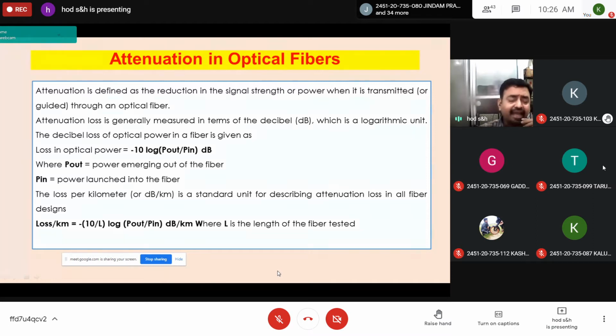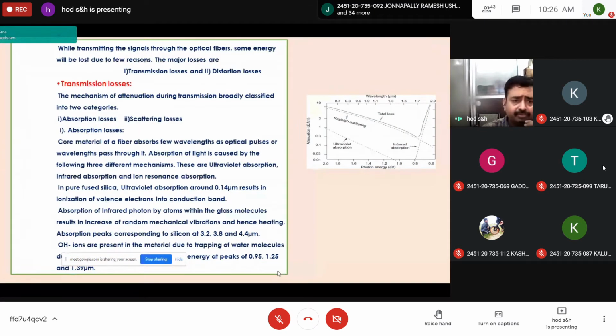For lab-based experiments, we calculate the loss per meter only: -10/L log (P out / P in) dB per meter, which we will use when conducting lab experiments. But in general, in an optical fiber communication system, decibels per kilometer represents the attenuation. This is the attenuation that occurs in an optical fiber communication system.